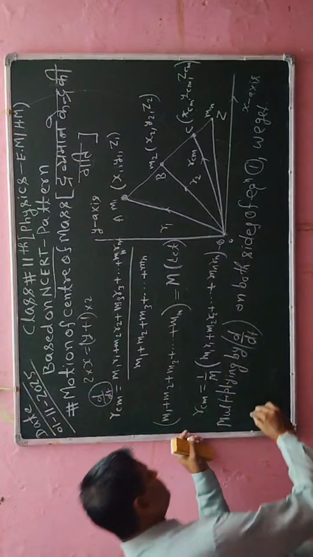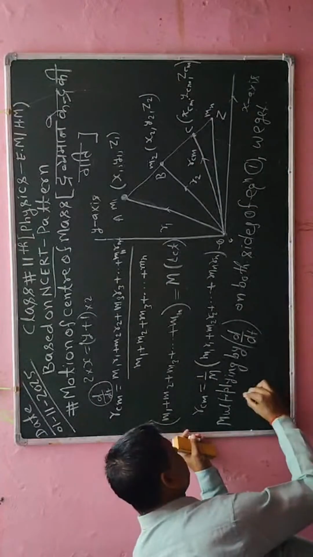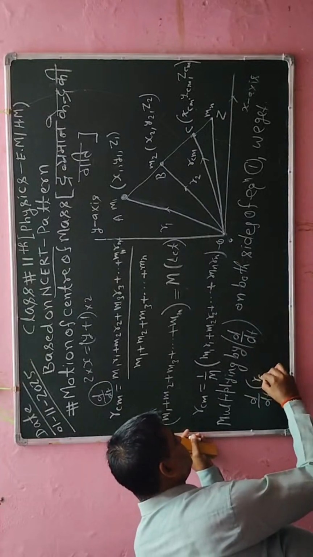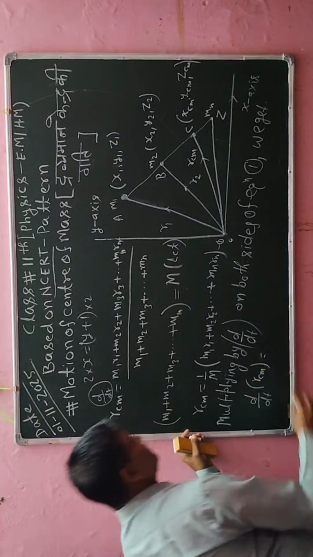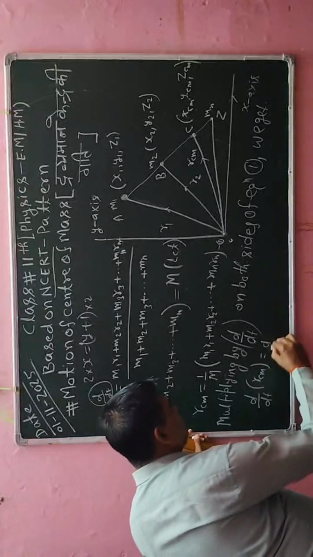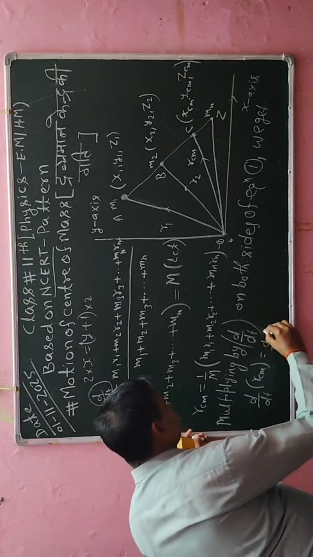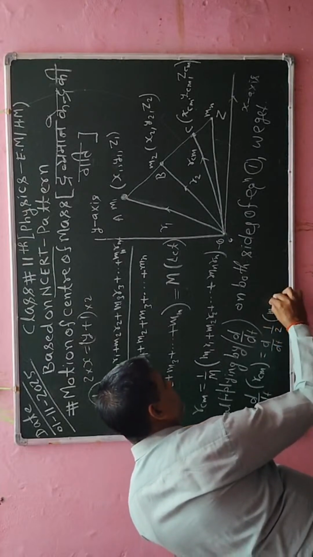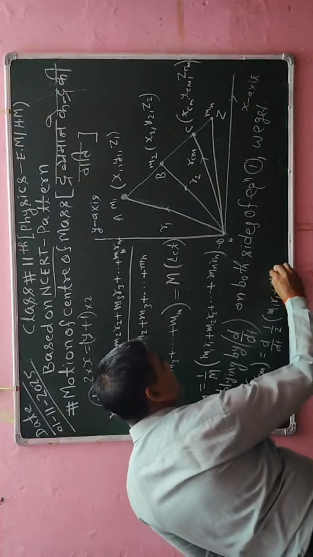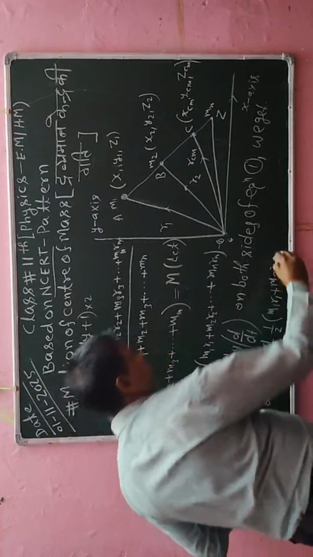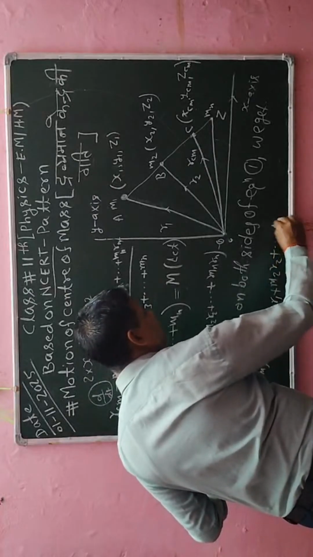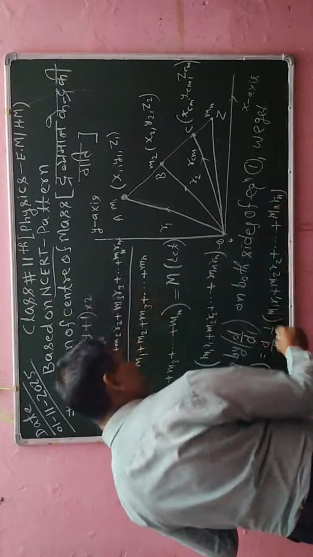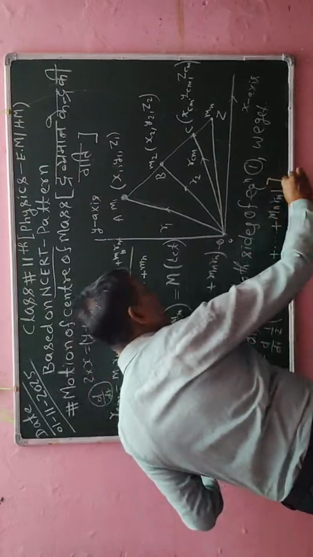So here I will write d upon dt of rcm, which is equal to d upon dt of 1 by M, in small bracket m1 r1 plus m2 r2 plus up to mn rn, in a big bracket.